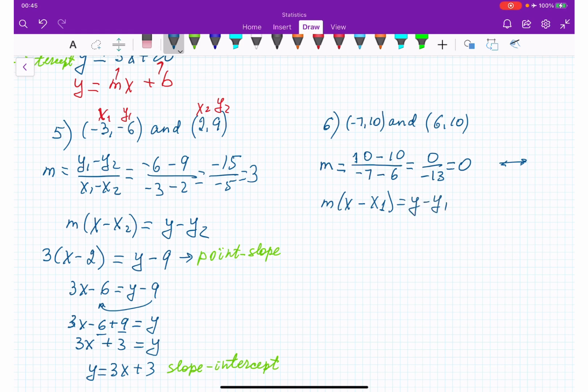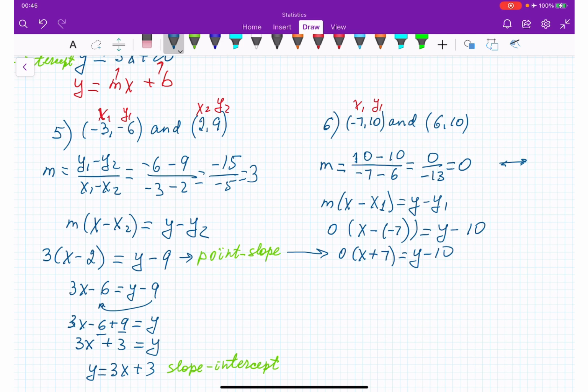And what do we get? 0 times x minus negative 7 and y minus 10. Why? Because this is my x1, this is my y1. Yes? And as a result, I'm going to get 0 times x plus 7 equal y minus 10. And this is also our point-slope format.